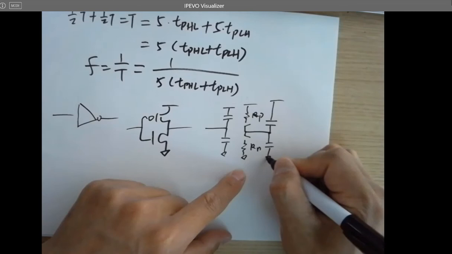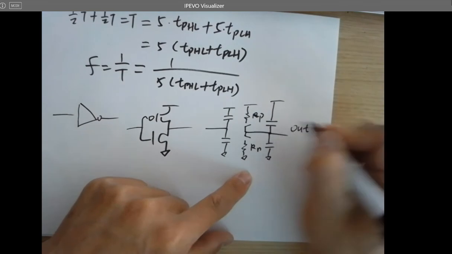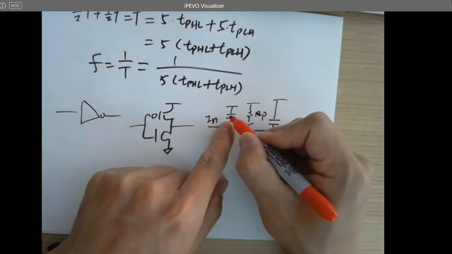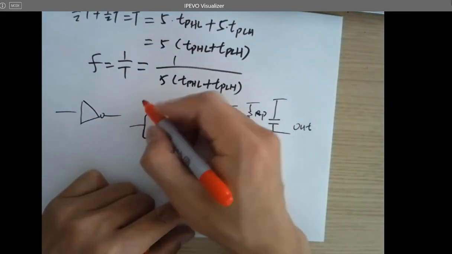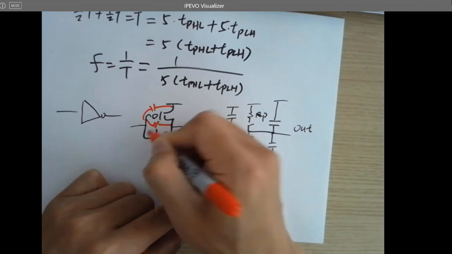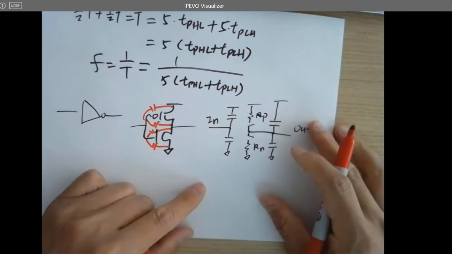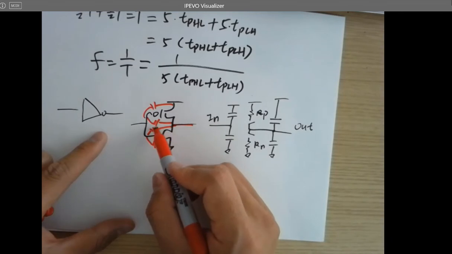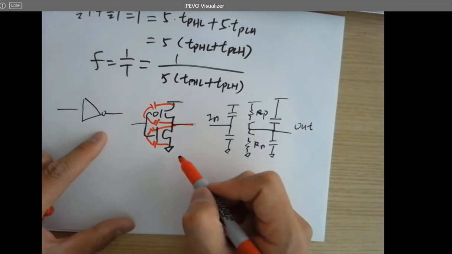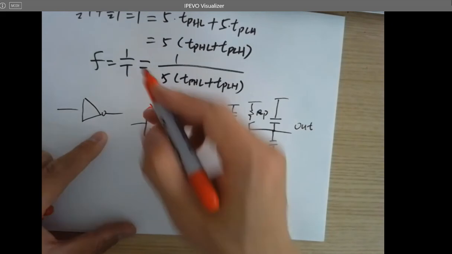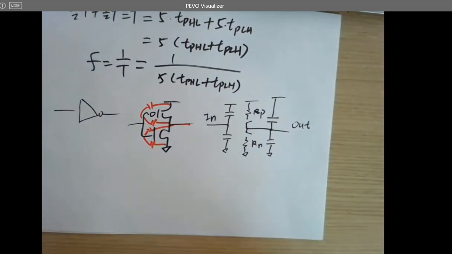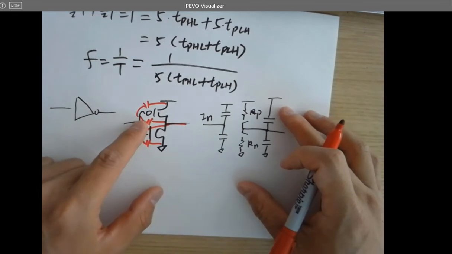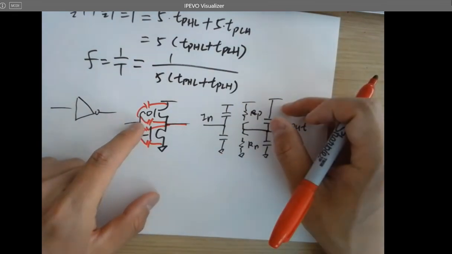And you need to know what are the values of the caps. Here's output, here's input. What is this one? Remember, you got here, here, here, here. But for output you can only see these 2. Physically, every single one is a half Cox P or Cox N. But for the ones tied to the drain and gate, there's a Miller effect, so it becomes Cox instead of half Cox.